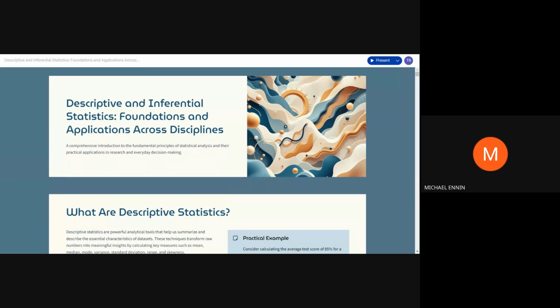And when you talk about the inferential, it says that it involves using data from a sample to make conclusions or predictions about a larger population. And it answers the question, what can we infer or conclude beyond the data? Okay.